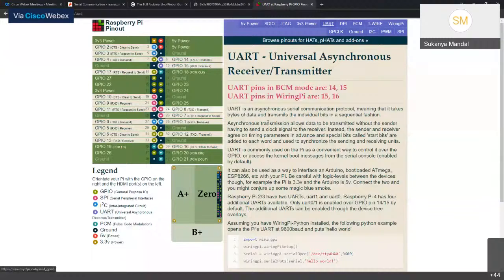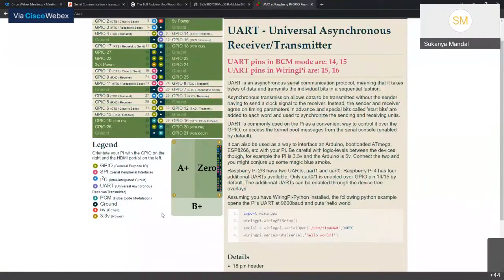Unlike Arduino, it has a larger number of transmission and receiver pins that enable you to attach more than one sensor at a time directly on the board. Whereas if you use a breadboard for Arduino, you can connect multiple sensors in the serial, receiver and transmitter.